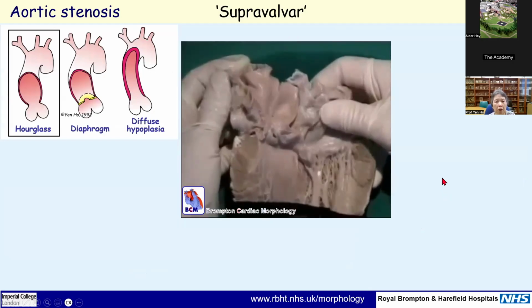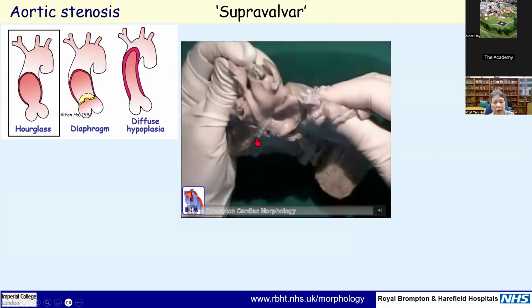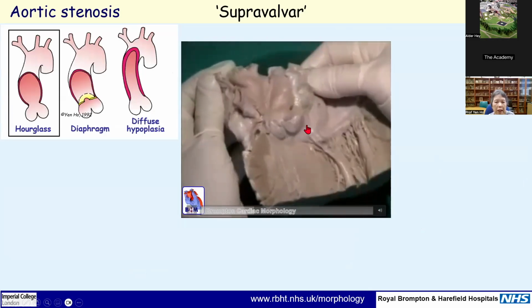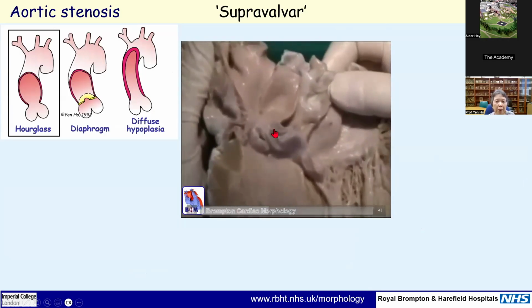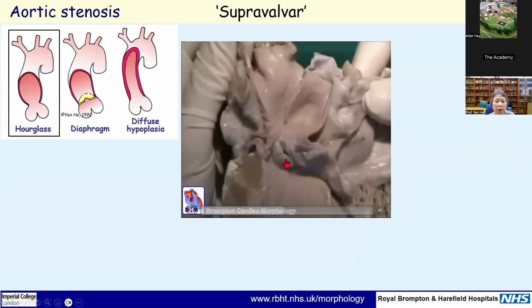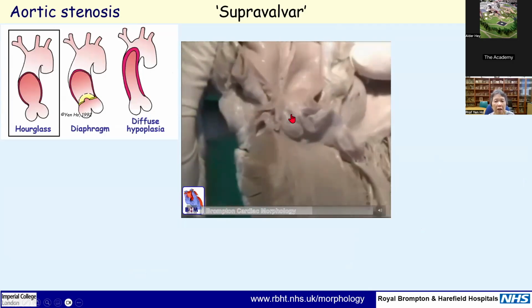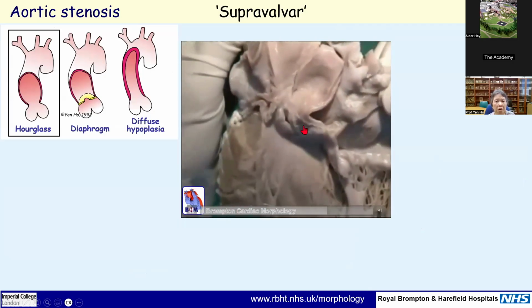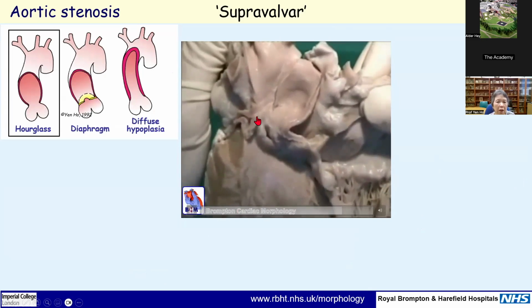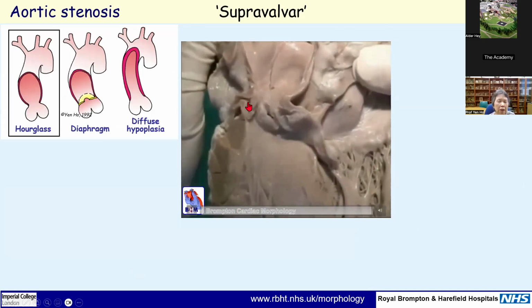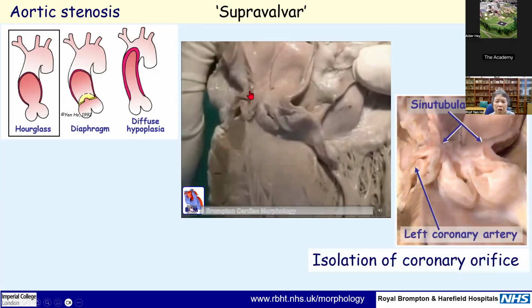So if we take a look at this one, for example, there's a kind of waist-like hourglass appearance, isn't it? See the aortic sinuses and the narrowing right at the sinutubular junction. The aortic leaflets are kind of redundant looking, if you like, but they seem to be narrowed in this particular heart. And actually, we see the coronary orifice coming from this sinus, which had actually been blocked up.